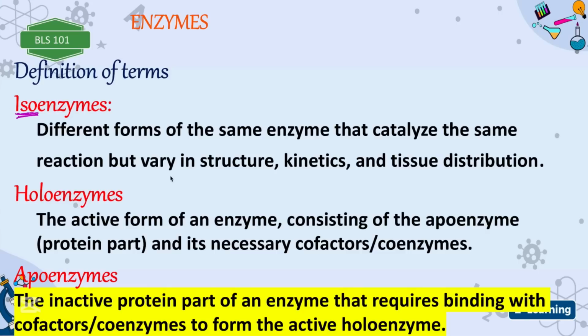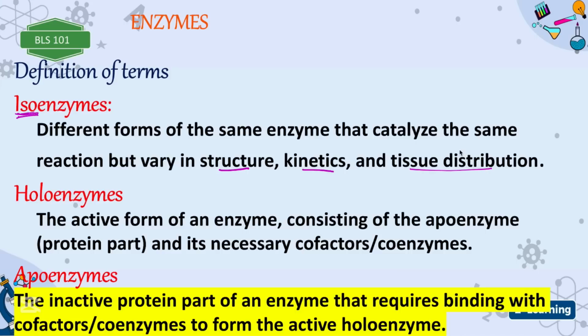So isoenzymes are different forms of the same enzyme that catalyze the same reaction, but they vary in their structure, kinetics, and tissue distribution. That is an isoenzyme. More like isomer. Compounds that have the same molecular formula but different structural arrangements. Same thing with isoenzyme. They are different forms of the same enzyme that catalyze the same reaction but vary in structure, kinetics, and tissue distribution.